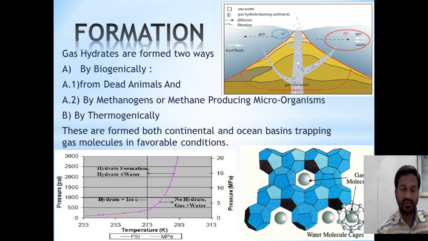Now, if you talk about the formation of gas hydrates, how they form, we can explain it in two or three ways.